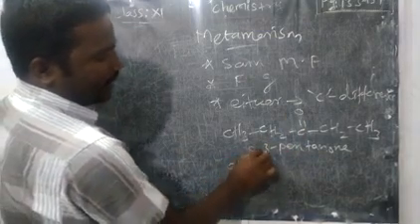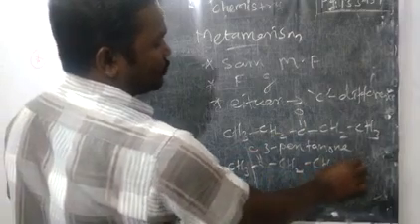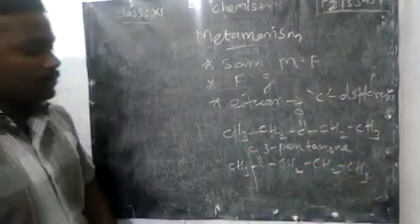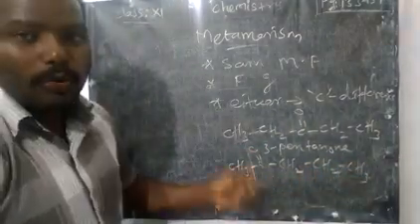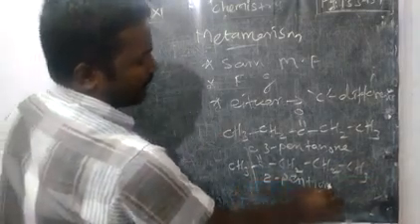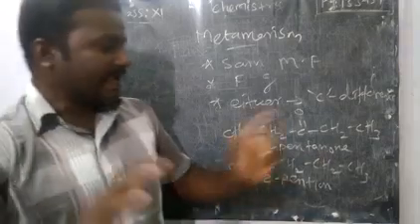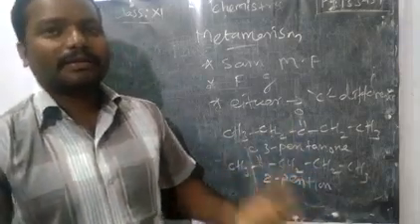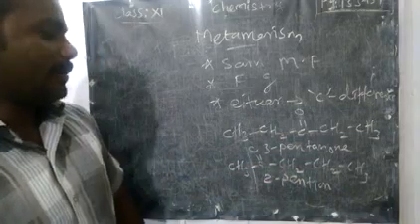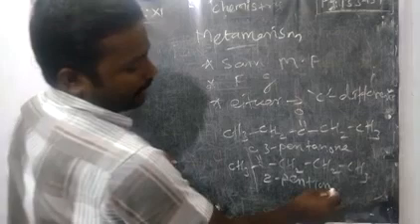CH3, C double bond O, CH2, CH2, CH3. What's the name of this compound? 2-pentanone. Because the C double bond O is there, on either side the number of carbons is different.